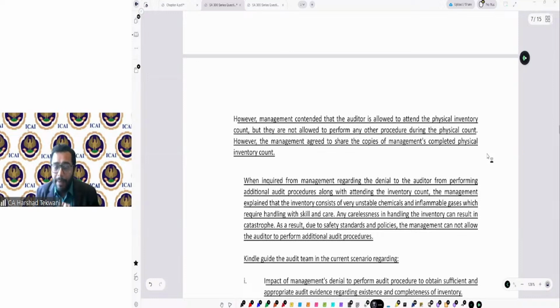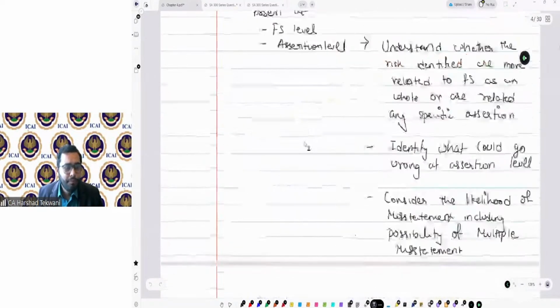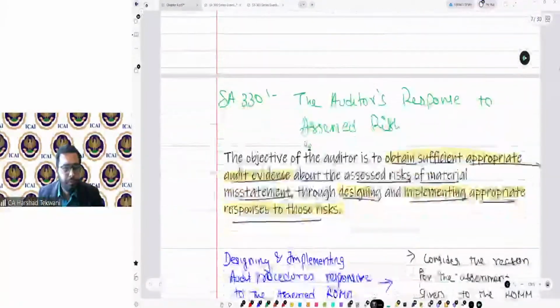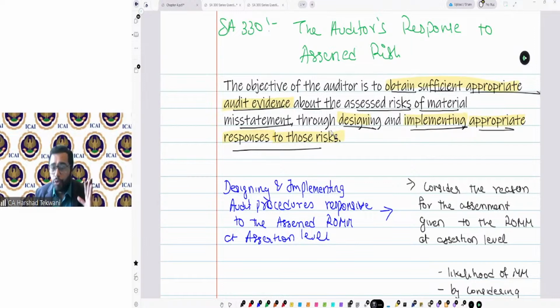Now I have come to the topic of SA 330 again. What does SA 330 talk about? SA 330 says that the auditor's responsibility is to obtain sufficient and appropriate audit evidence about the assessed risks of material misstatement through designing and implementing appropriate responses to those risks.